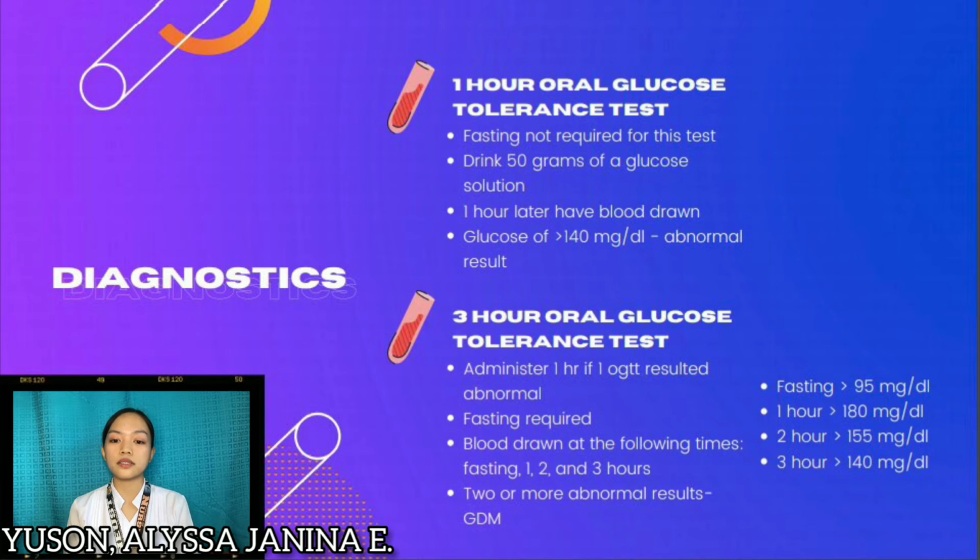So, if yung result sa 1-hour OGTT is abnormal, the 3-hour OGTT will be administered on another day. This will measure blood glucose after you fast for at least 8 hours. First, a healthcare professional will draw your blood, and then you will drink 100 grams glucose solution. You will need your blood drawn at the following times: 1, 2, and 3 hours for a doctor to diagnose gestational diabetes mellitus.